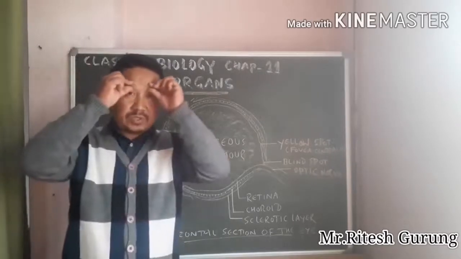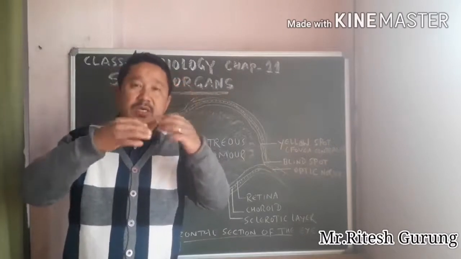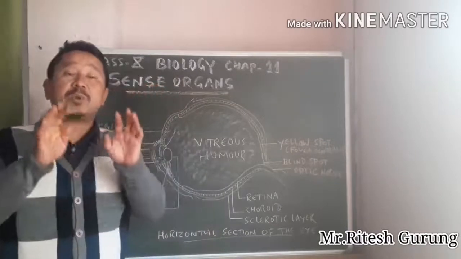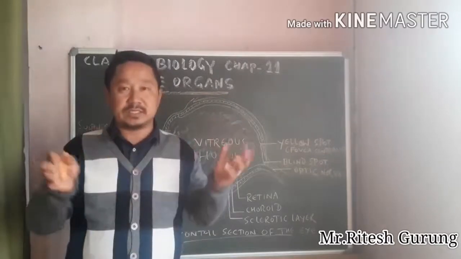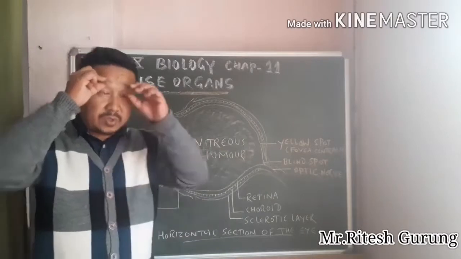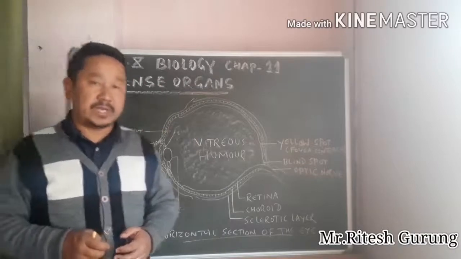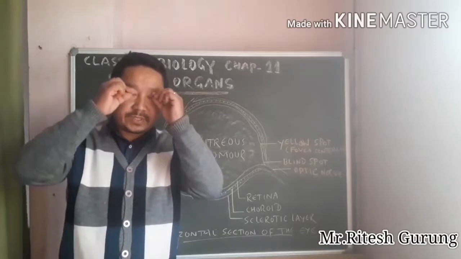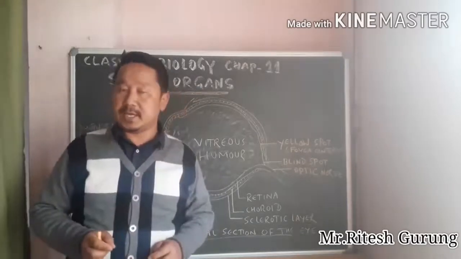Though the eyebrow doesn't have much function in making the image in the eye, it protects your eyes from different kinds of particles and other unwanted substances, because your eyebrows act as a roof. Similarly, there are your eyelids. On both sides there are 2 eyelids which protect the eyes inside.